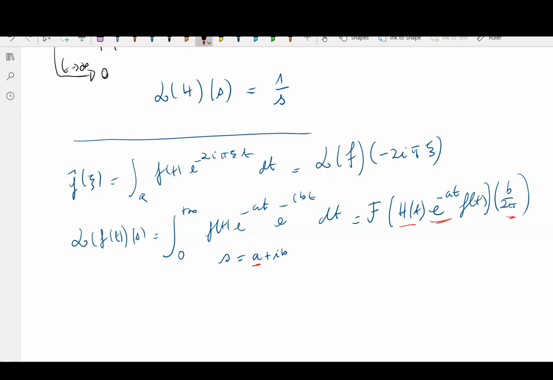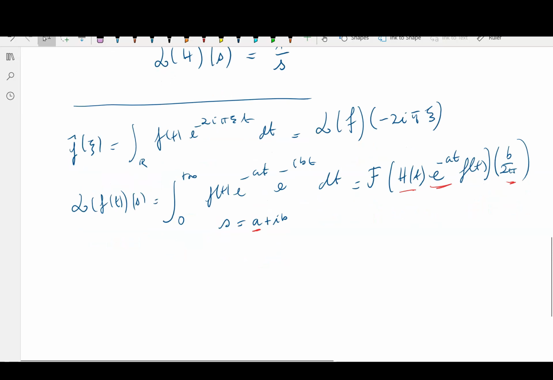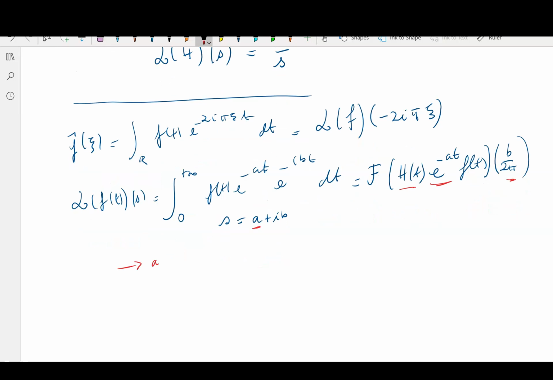So what we can say is that along the line of the complex plane where the real value of my complex number is constant, I've actually got the Fourier transform of h times f times e minus at.